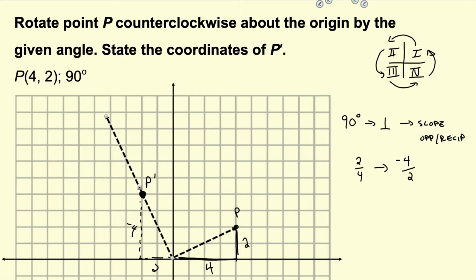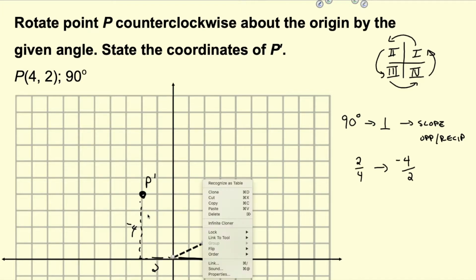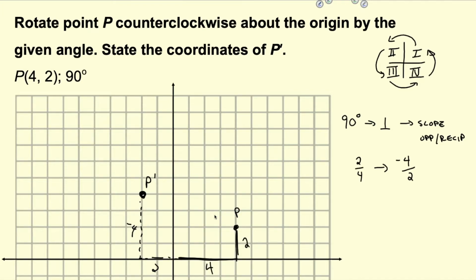Now that's a lot of work if we're going to do this for multiple points, but we can start seeing the relationship here. The point P can go from (4, 2) to P prime being (-2, 4).